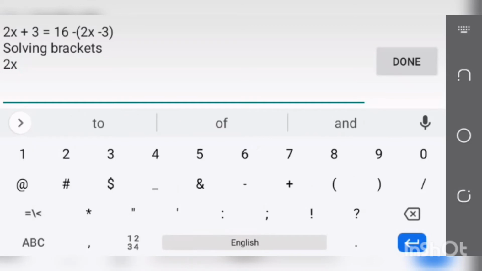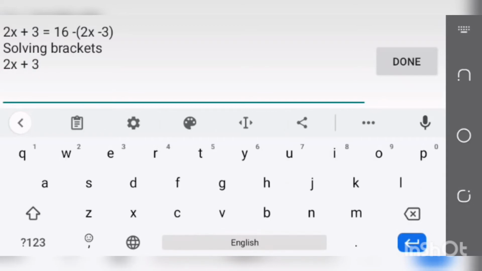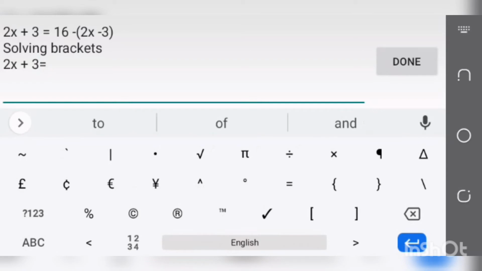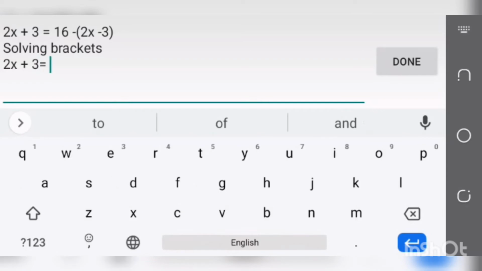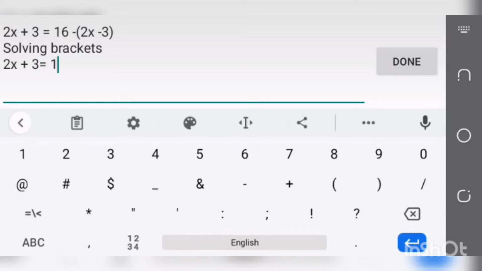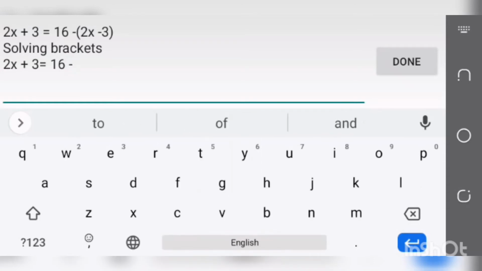2x plus 3 is equal to 16 minus 2x plus 3. The minus sign is multiplied inside the brackets, and then minus into minus gives plus.